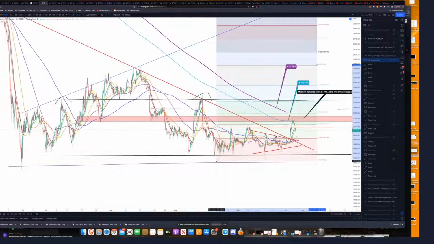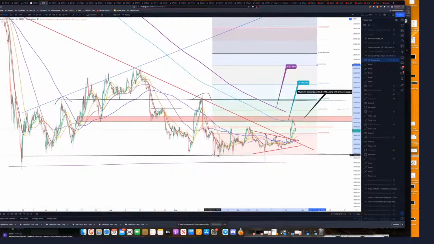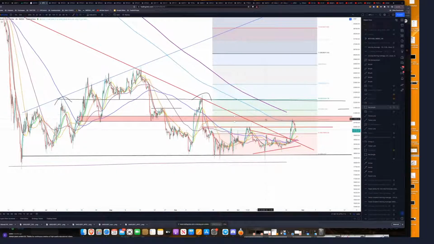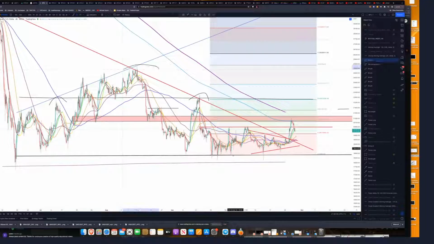If I was to play the fib there, or maybe this level here, I should get rid of these two. Where is that? And get rid of them. You can see that's the 618, right? So from the swing high to the swing low, the 618.